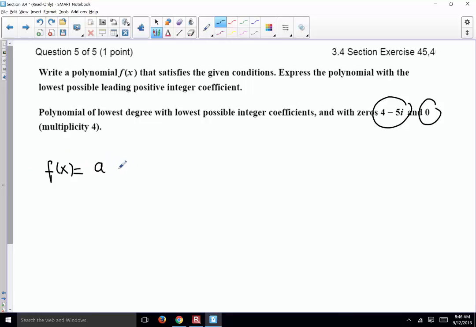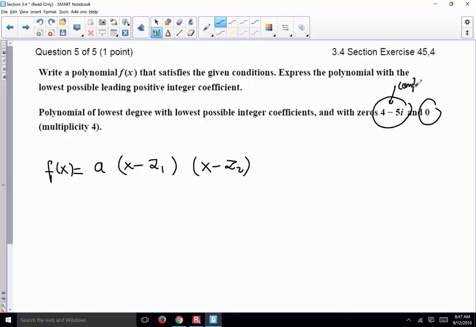It's A, first root, there is some z1 and there is some z2. It looks like there are two zeros here, right? 4 minus 5i and 0. Okay, here's the thing with complex zeros.